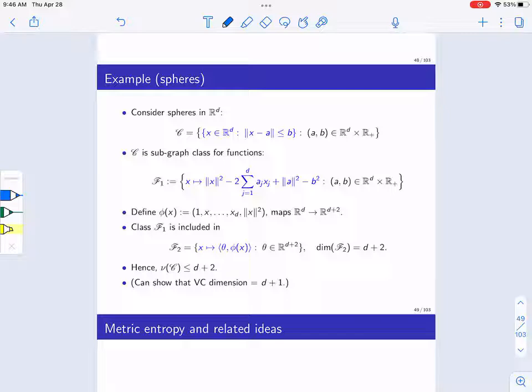I need to include a coefficient there because if I set it equal to 1, this is not going to be a vector space, right? So I'm assigning a coefficient to every one of them: a coefficient here, a general set of coefficients there, and a coefficient there. So that would give me d plus 2 coefficients.